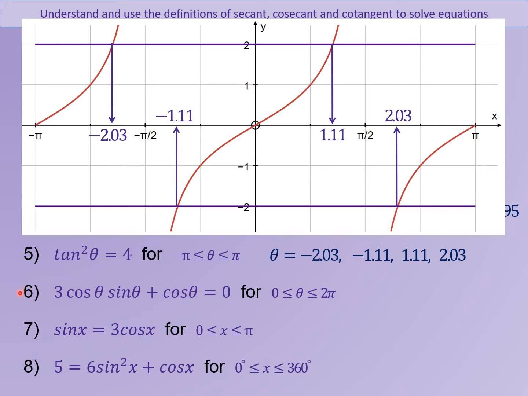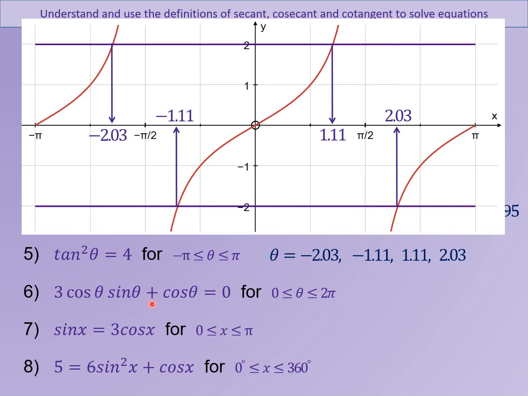Right, so when you get to number 6, this is where it gets a bit more technical. Because for number 6, you've got to do some rearranging. So in number 6, I'm thinking 3 cos theta sine theta plus cos theta equals 0. The first thing I'm going to do is just factorise cos theta. Now you might be thinking, oh, I'm going to use all my trig identities, you know, the tan theta equals sine over cos, or the sine squared plus cos squared equals 1.